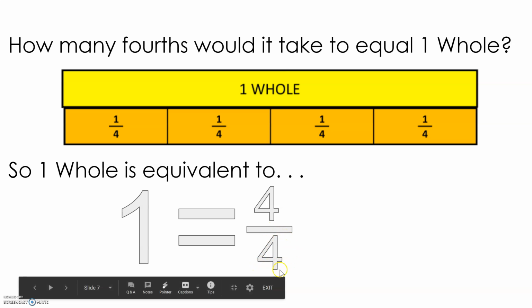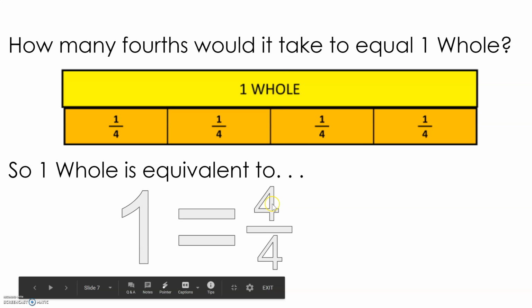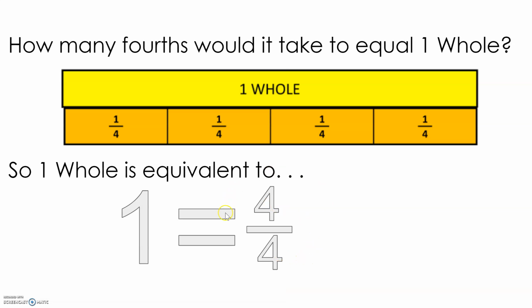This is how many pieces I've cut that bar into. I cut that bar into 4 pieces. So if I want to have the whole bar, I'm going to need all 4 pieces. So any fraction that has the same numerator and denominator is going to be equivalent to 1 whole.